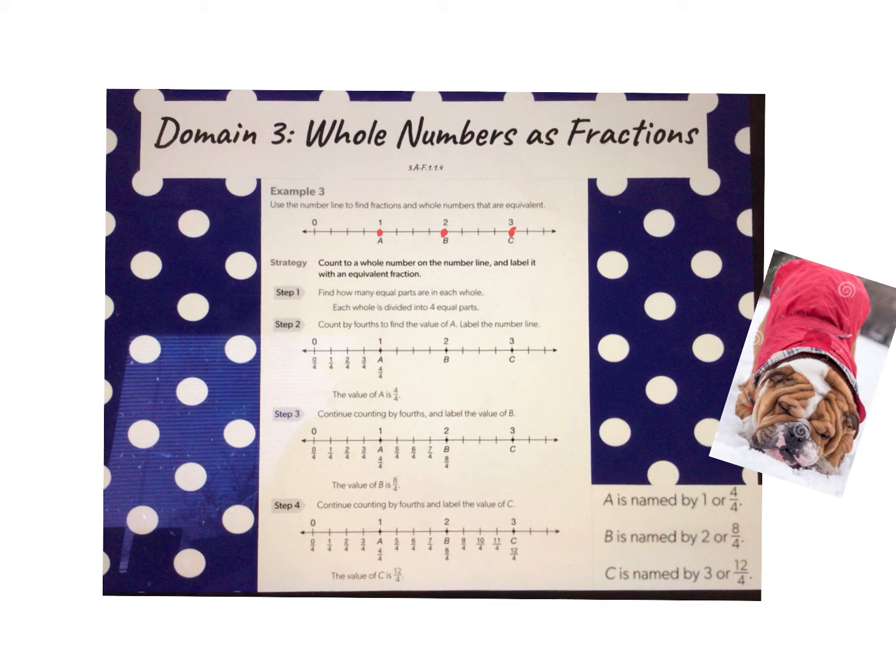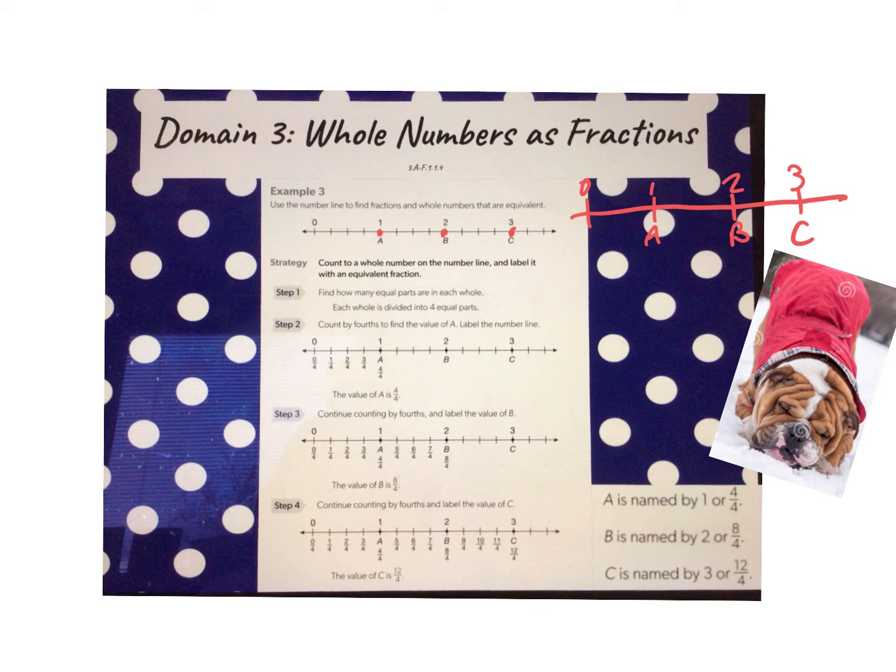Okay, because if the number line was broken off like that, where it went from 0 to 1 as A, 2 as B, and 3 as C, we could say that A is worth 1, B is worth 2, C is worth 3. But over here, look, this one's actually divided off into equal parts. And so whenever we're dividing it off into equal parts, that's going to be our denominator.